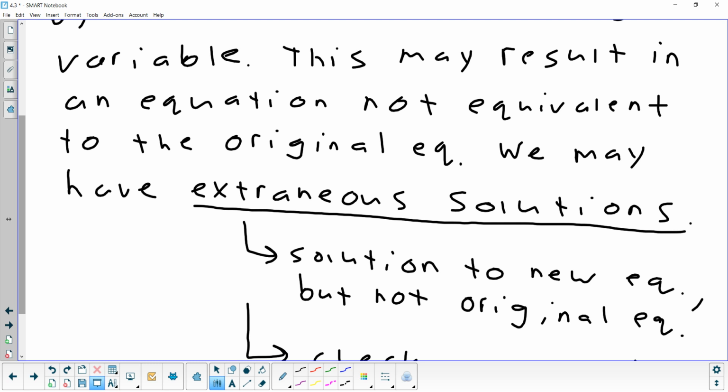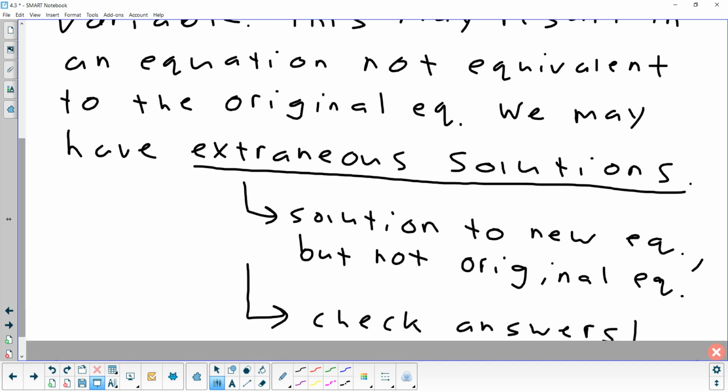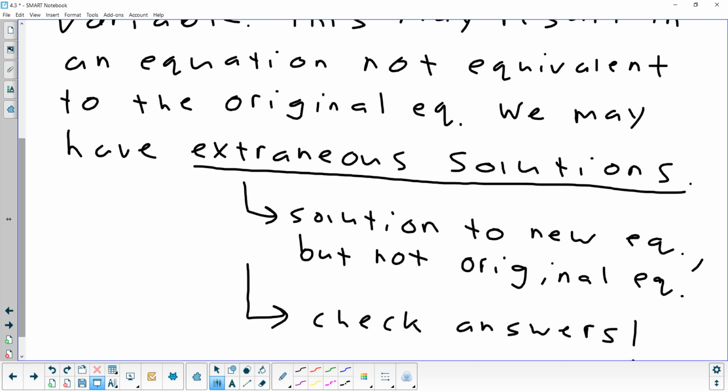So an extraneous solution is a solution to the new equation you made because you multiplied both sides by something with a variable, but it is not a solution to the original problem. So how do you see if something is an extraneous solution? You need to check it. And usually what happens if it's extraneous in this kind of problem is when you try to check it, it causes you to divide by 0, which you can't do.